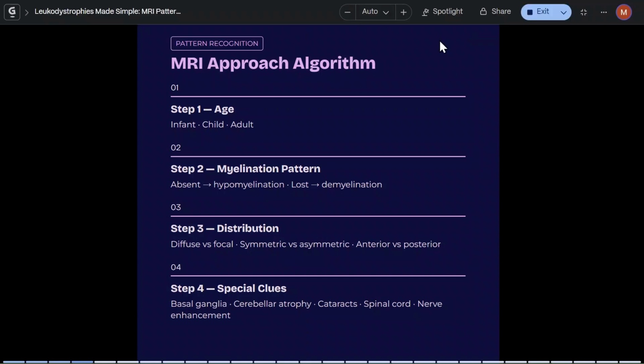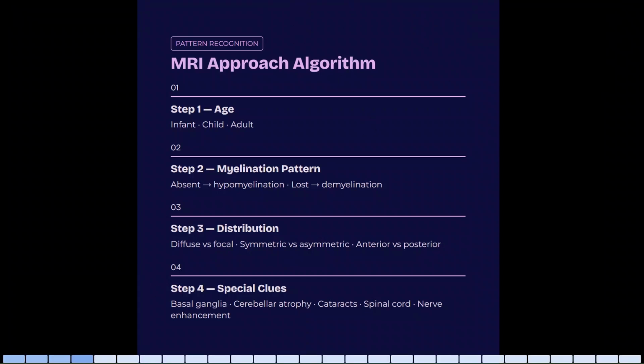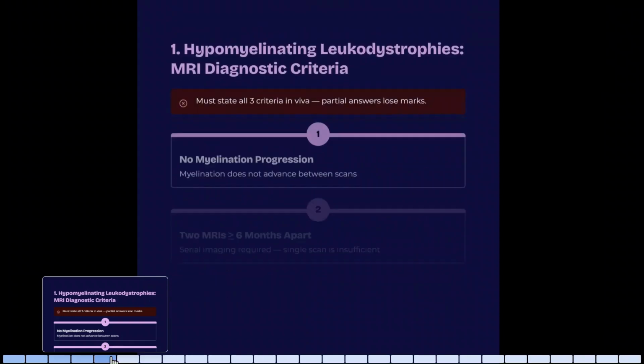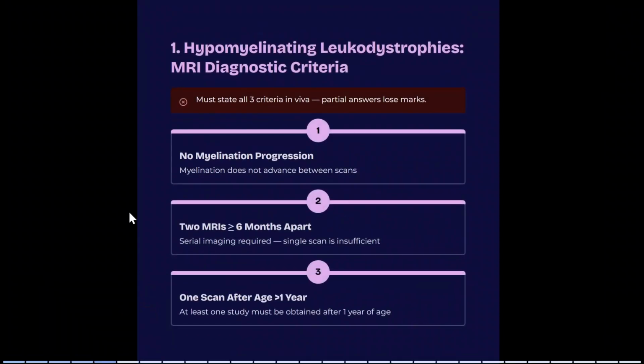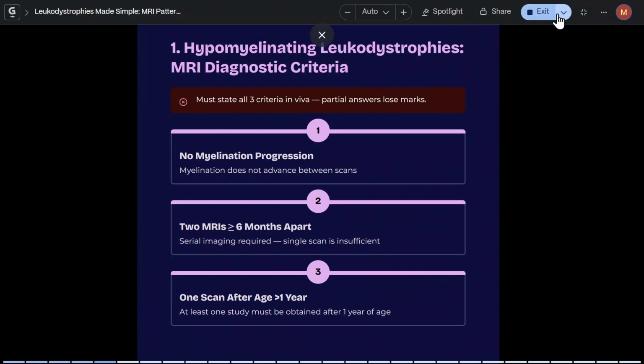So now coming up to the first category, which is hypomyelinating leukodystrophies. What is the basic MRI diagnostic criteria? It is very high yield, and it is also very critical for diagnosing, and it's very simple as well. There are only 3 things that you need to remember: that there is no myelination progression.